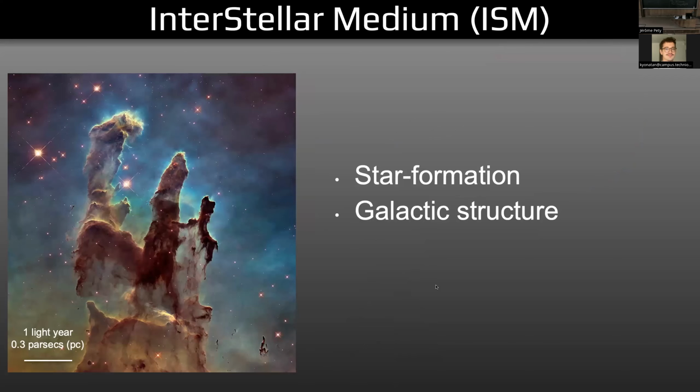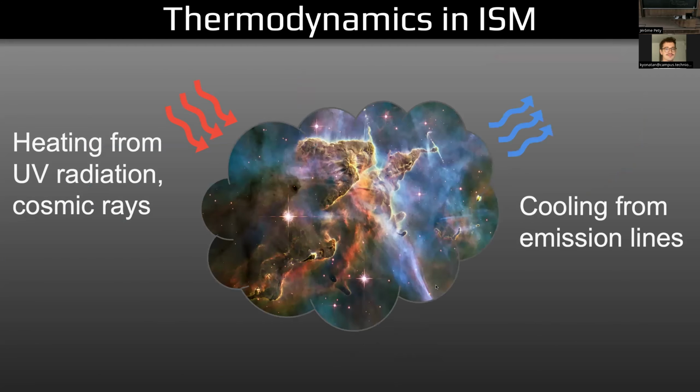Because you see, in our group, we're quite interested in the interstellar medium for two reasons. It's essential for star formation. It tells us a lot about galactic structure. So the ISM is governed by a balance between heating and cooling processes. On one hand, we have heating from UV radiation and cosmic rays, which is essentially affected by the distribution of UV radiation and density.